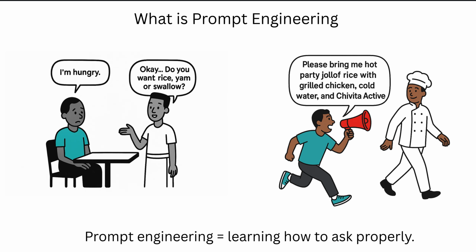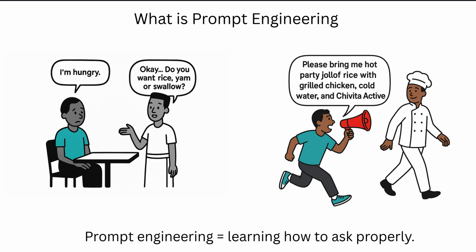You can see how specific he is. He's even a bit dramatic: I want party jollof rice, not just jollof rice. He had to be very specific. Now what you are seeing here is prompt engineering. It is simply learning how to ask properly.